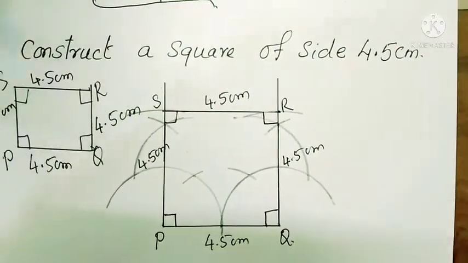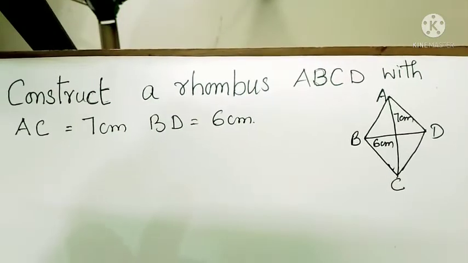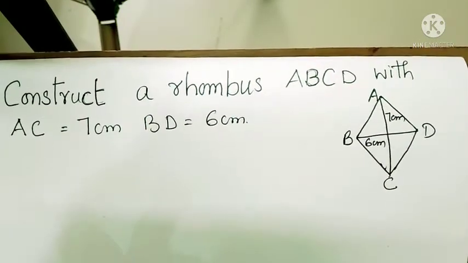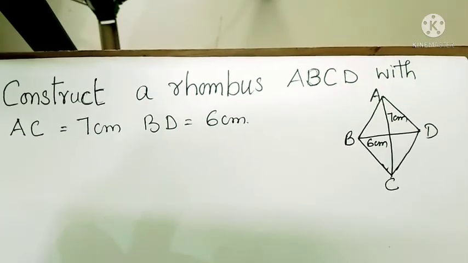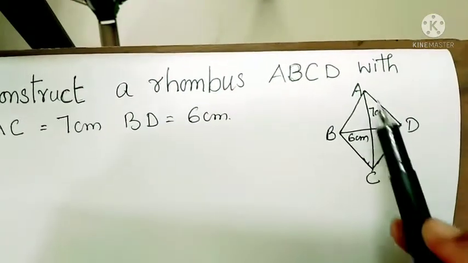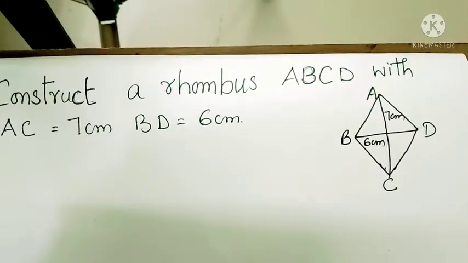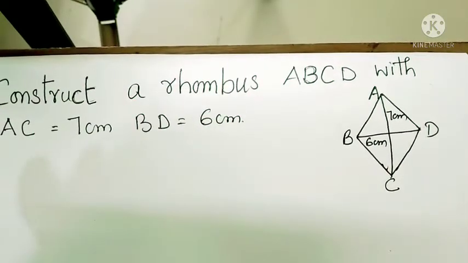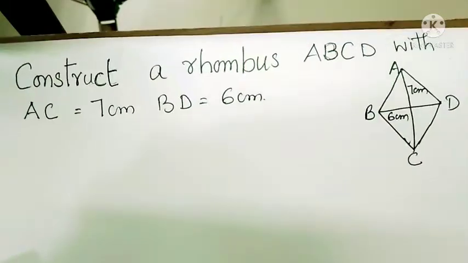Now you need to write the steps for construction. Now another special case is: construct a rhombus ABCD with AC 7 centimeter and BD 6 centimeter. When you draw the rough figure, you will come to know AC and BD are diagonals. Now we don't have any other information with us. So what will you do?